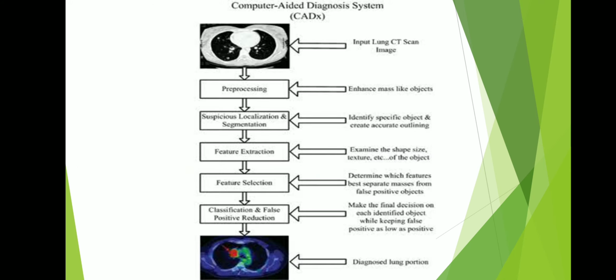So you can see this flow chart of the CAD system, how it works. For example, it is one of the lung CT scan images. You can see the black and white image, that is a simple lung CT scan image, which is inserted into your CAD system, which is diagnosed by the CAD system.